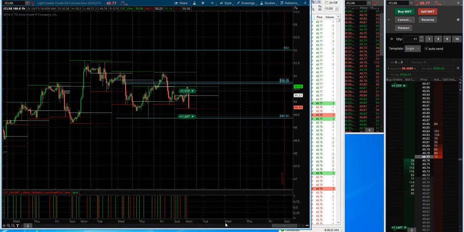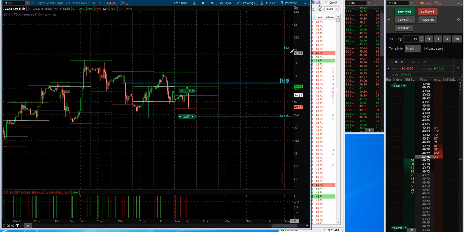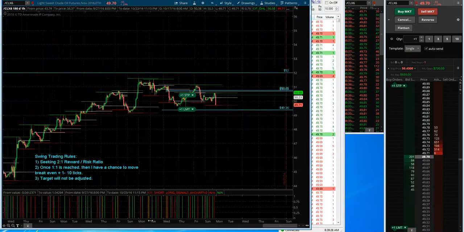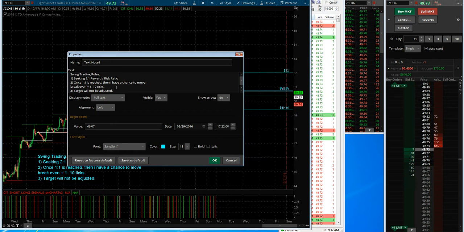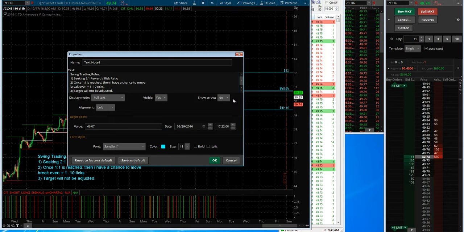I think it's a decent rule, so I'm just going to edit it: once price nears the target, lock in 1 to 1.